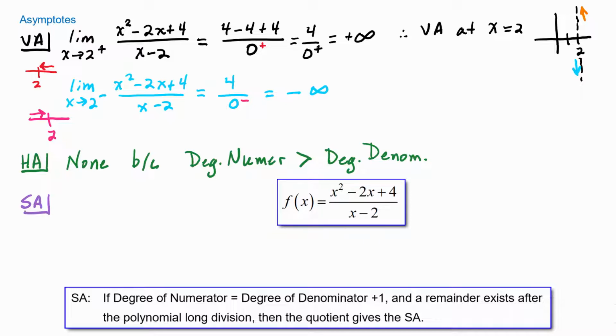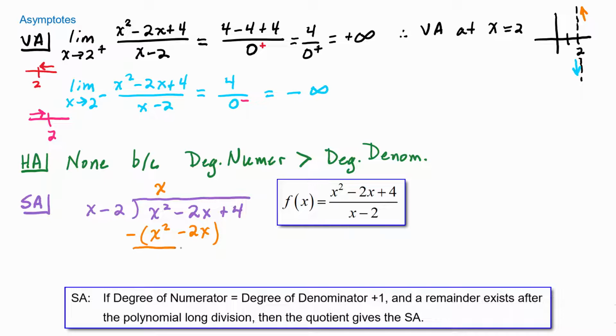So that means we go on to check the polynomial long division, and we have x minus 2 will divide into x squared minus 2x plus 4. So we are going to need to multiply by x, because we have to get that x squared there. So x times the quantity x minus 2 will be x squared minus 2x.